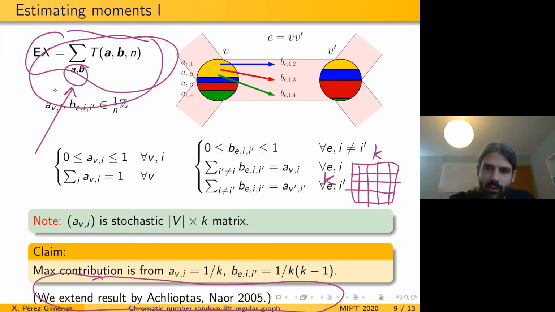So they look at stochastic matrices, which are square, K by K, while our matrices are rectangular.